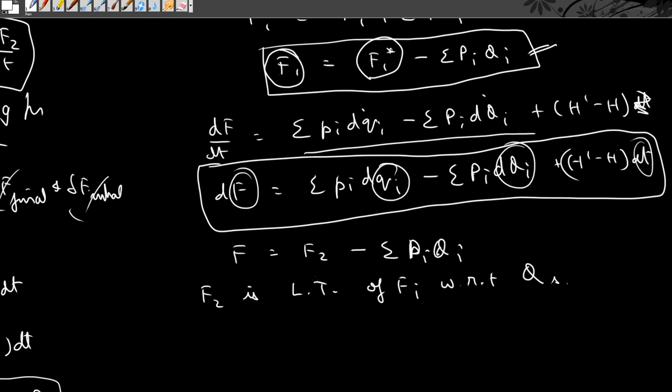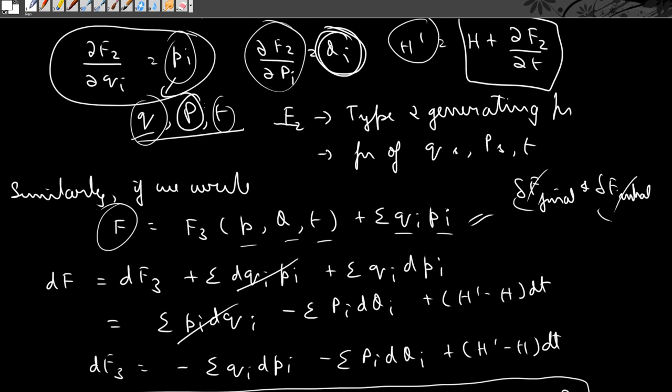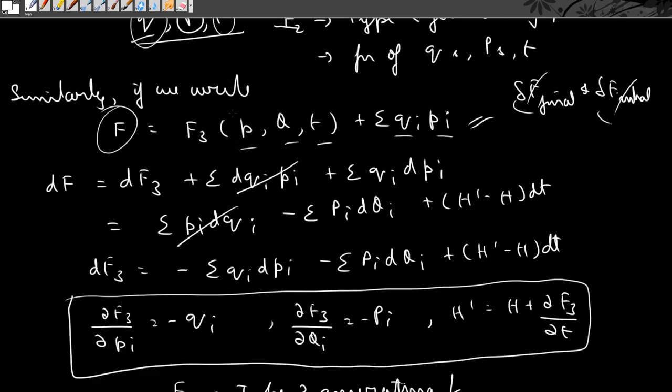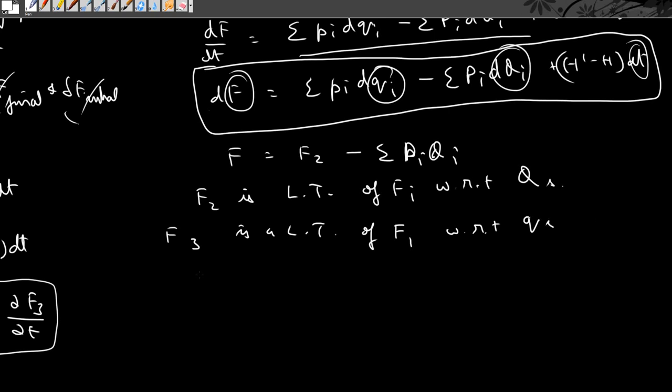In a similar fashion we can say that f3 is a Legendre transform of f1. f3 is a function of old momenta, whereas f1 was a function of old coordinate, new coordinate and time. That means we have to take the Legendre transform with respect to our old coordinate, so with respect to q's.